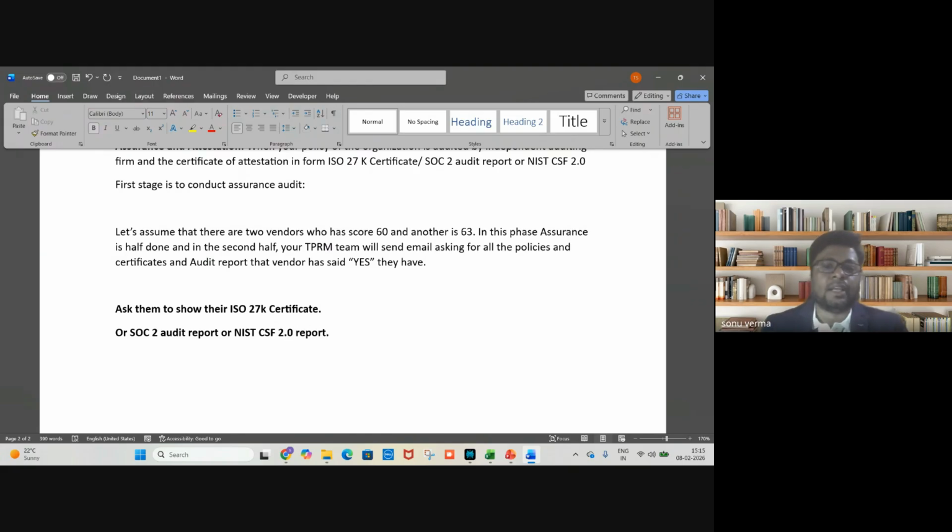Now the vendor is saying, yes, I have the policies, I have the ISO certificate. They shared that. Now, Akshay, is this vendor compliant now to be onboarded?